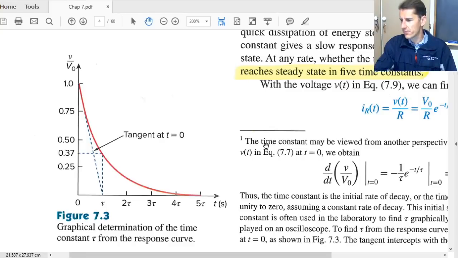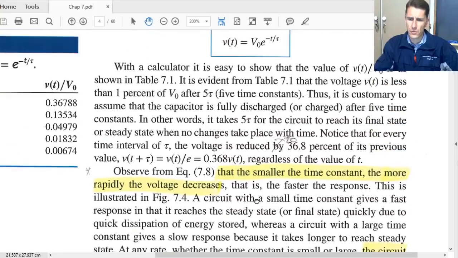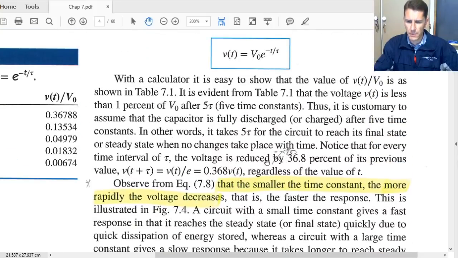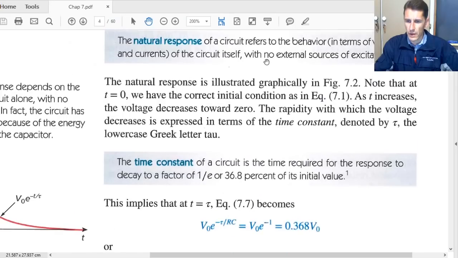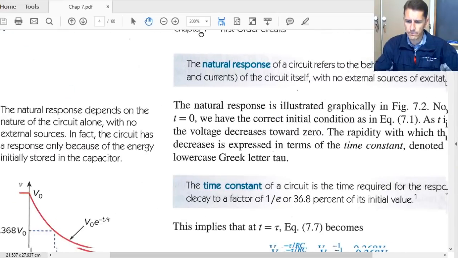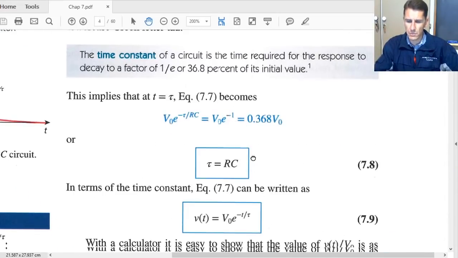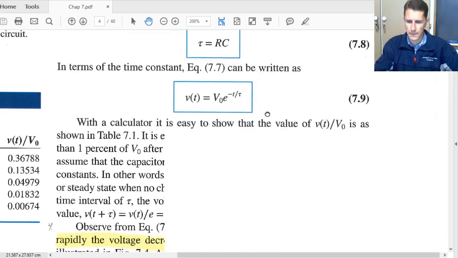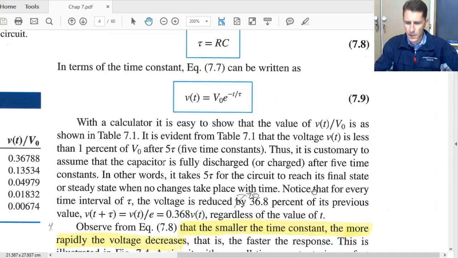Then what is the effect of varying that tau value? In other words, if we start varying, oh yeah, there's a typo here in your textbook. It reads here in the middle of page 254: notice that for every time interval of tau, the voltage is reduced by 36.8%.